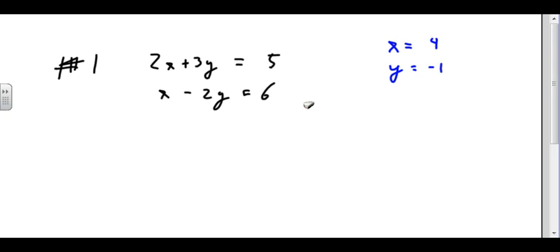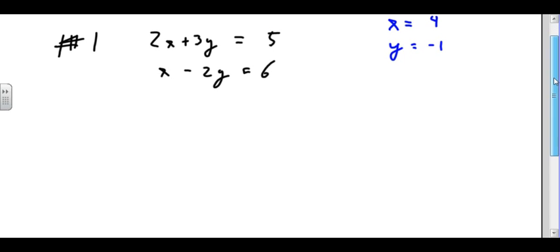All right, so the first method, it doesn't say what, well, it probably does. I'm going to do adding and subtracting. So I'm going to take this equation here, multiply it by -2, and add it to the top equation. So I have no x's left.